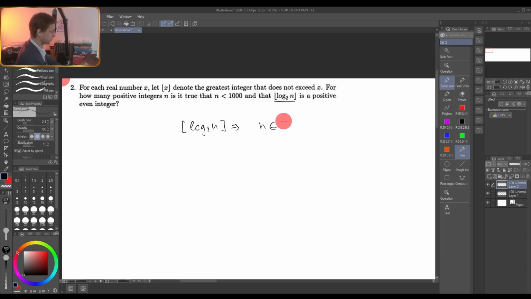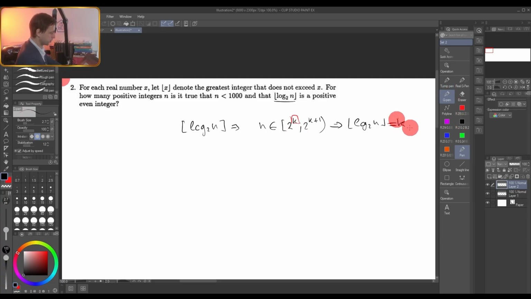Really, there exists some interval with the left end 2^k and the right end 2^(k+1), with this end included and this one not included, such that n belongs to this interval. After that, we figured out that floor of log 2 n is the power k that is on the left end of this interval. So we'll explain now why it happens.